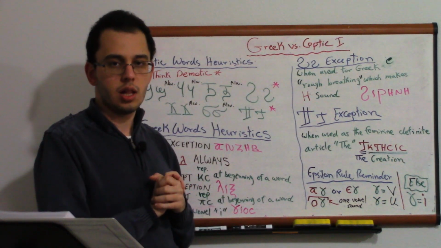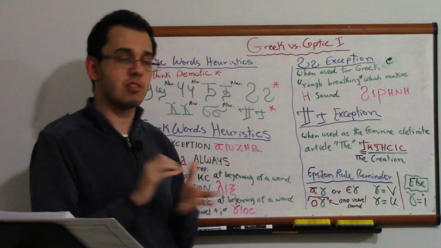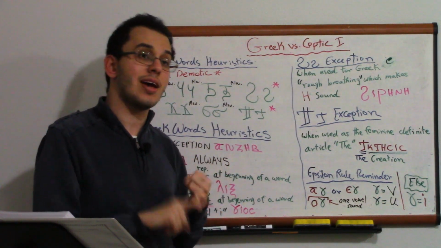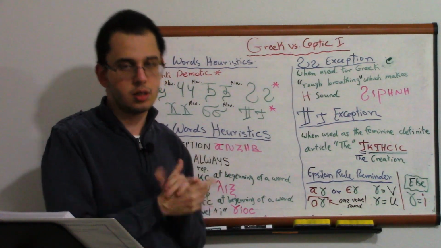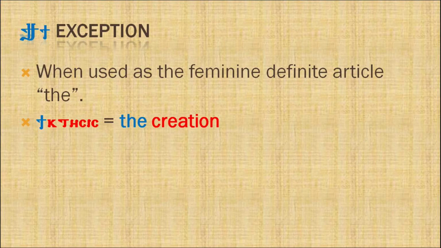It's very straightforward: you put "the", definite, "a", indefinite. Those are the articles. In Coptic, it's more complicated because the article changes based on whether it's masculine, feminine, singular, or plural. So, for the feminine definite article, like "the", in front of a feminine noun, you put the T. And so the feminine noun might be of Greek origin, but it will start with the T at the beginning because that makes the feminine definite article "the".